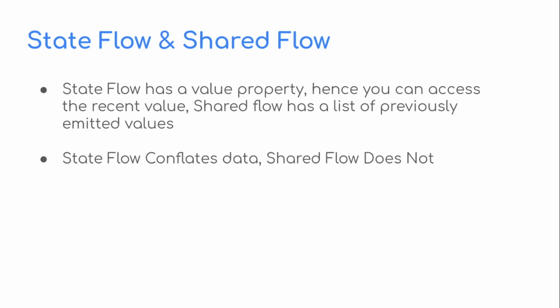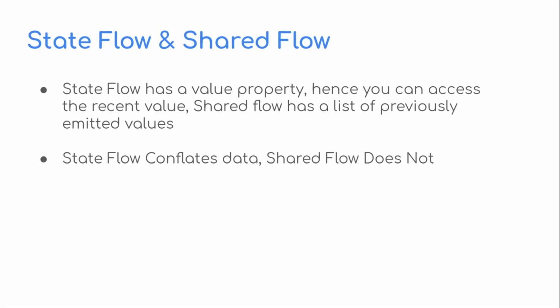So this means that let's say we want to get the current data, which is only one. We can do a dot value operation on it, and we get the latest state of our data. But in SharedFlow, we get a list of data, or a list of the previously emitted values.